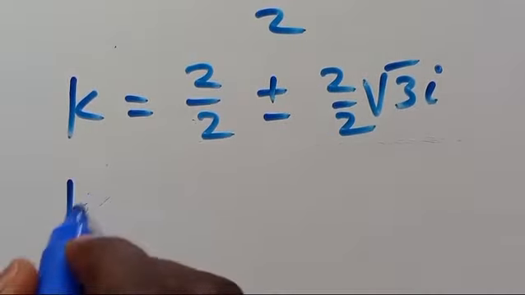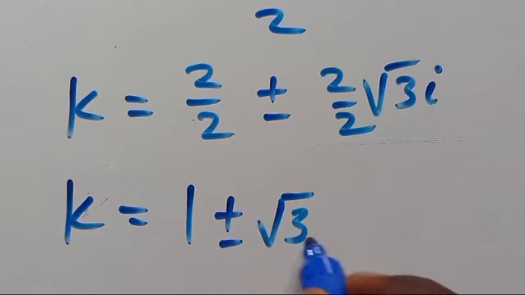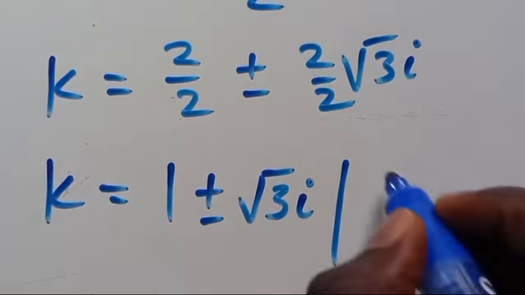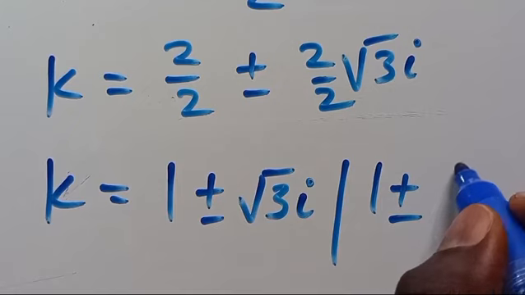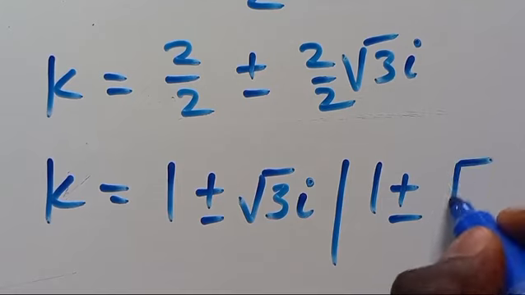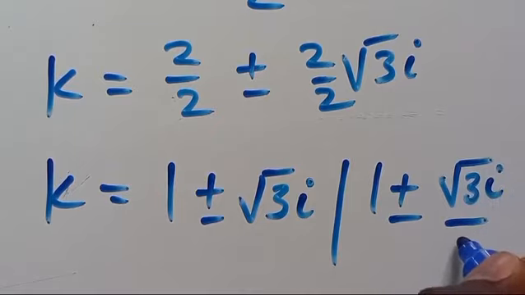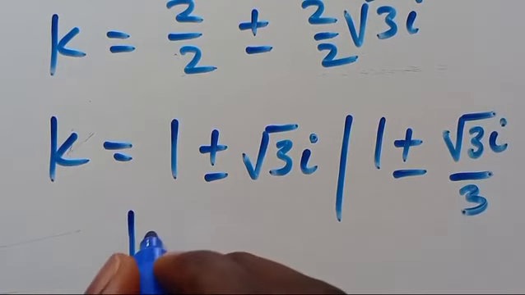So we have k equals 1, positive or negative root 3i, and we also have k equal to 1.